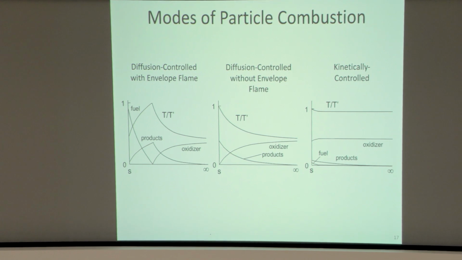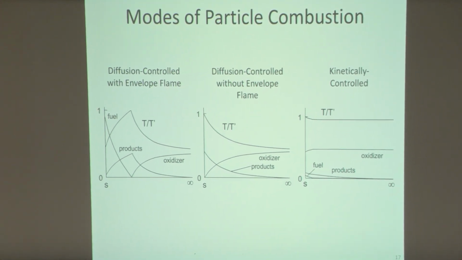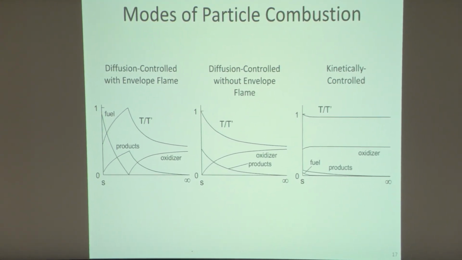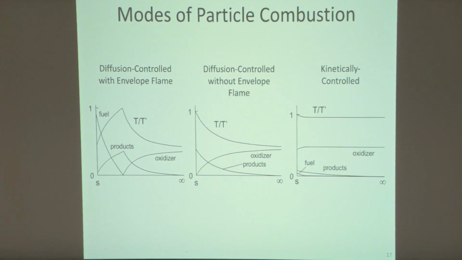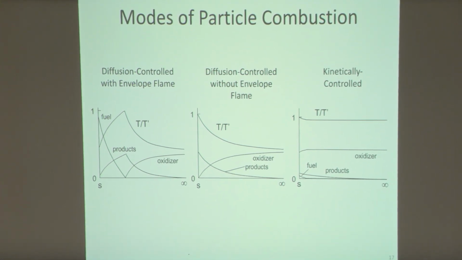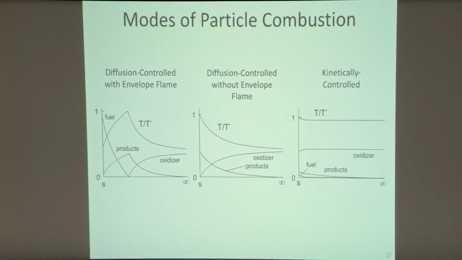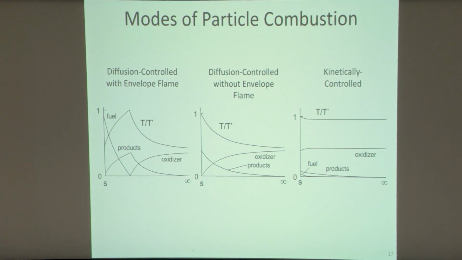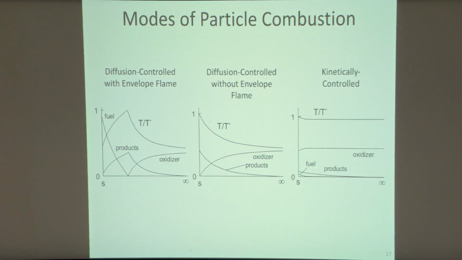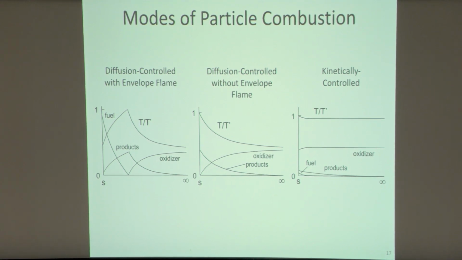Okay, so I want to say a little bit more about general characteristics of particle combustion. I talked about a situation where we have this vapor phase diffusion flame, where I have a gas phase flame standing off a distance from the surface of the particle. And in those modes, it's basically diffusion controlled. So what I have is something as shown on the left here, a diffusion controlled flame that has this envelope.